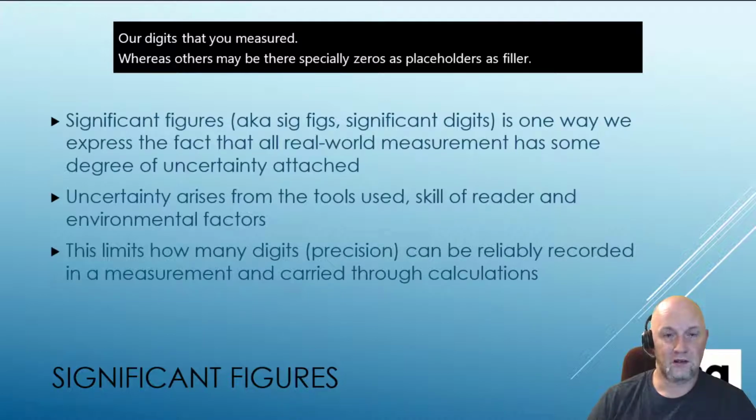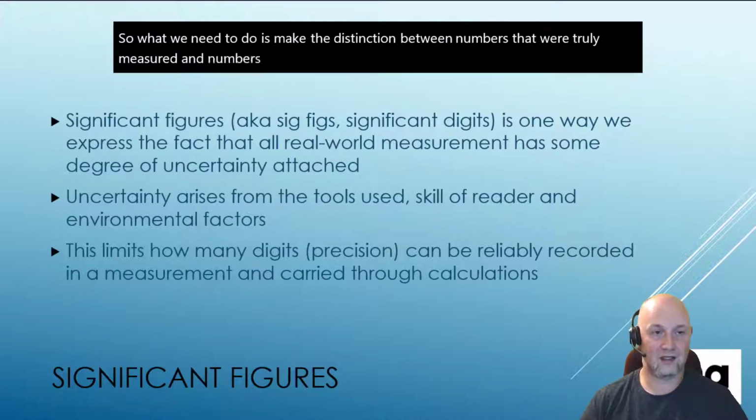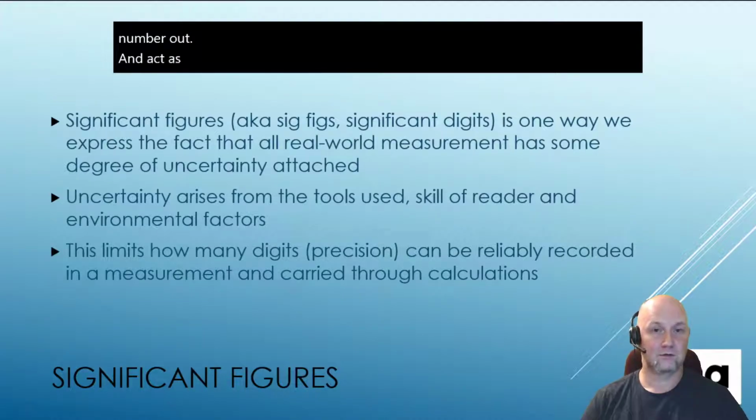So what we need to do is make the distinction between numbers that were truly measured and numbers that simply are there to take up space when we write the number out and act as placeholders in order for the meaningful digits to be in the right spot in the number.